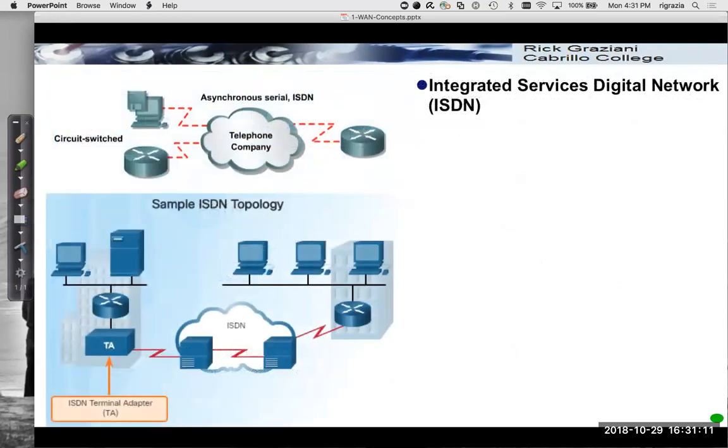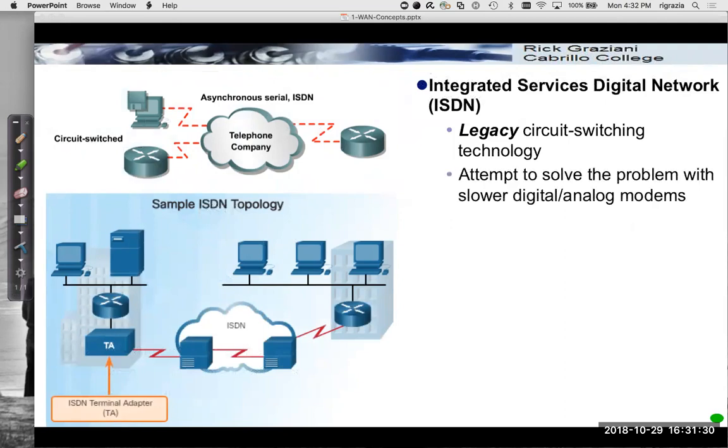Kind of the next, as I've talked about in a previous video, the evolution going from the public switch telephone network and dial-up modem, still using the public switch telephone network, was something called ISDN, which is also a legacy technology, and I haven't seen it out there in many years.